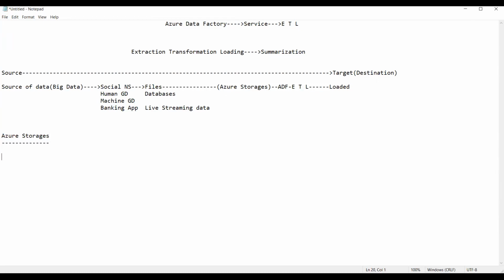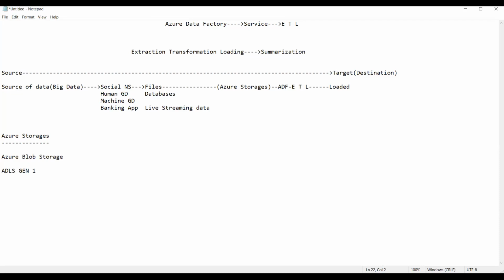Yes, the first one is Azure Blob Storage. Yeah, Azure Data Lake Generation 1. That is ADLS Gen 1 in short. Gen 1 means Generation 1, that means Azure Data Lake.